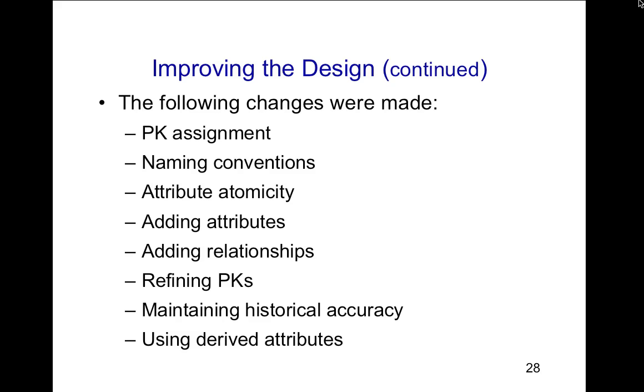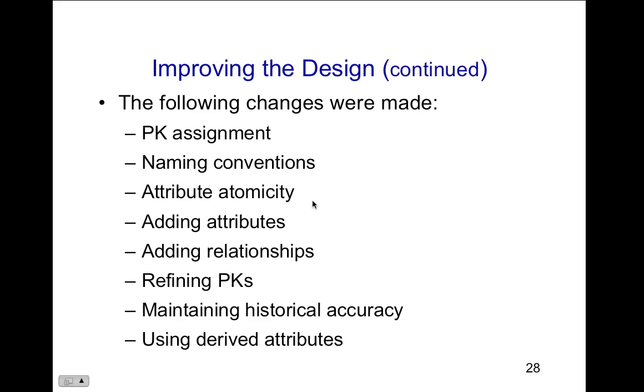Actually, I kind of just sped through most of them, but I think I missed a couple. We assigned primary keys. Naming conventions, I didn't talk about that. For each one of the tables, we name them appropriately. So we have job, project, employee.